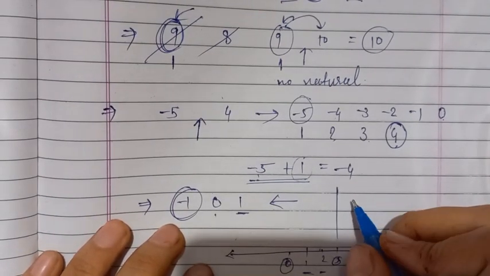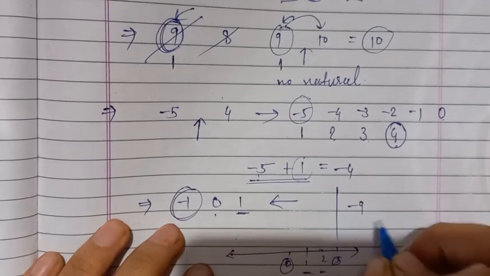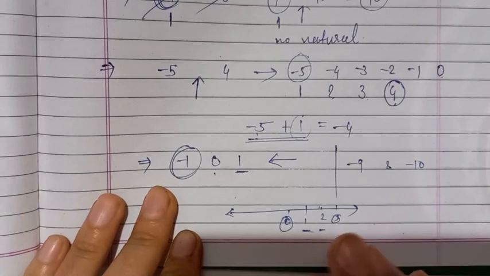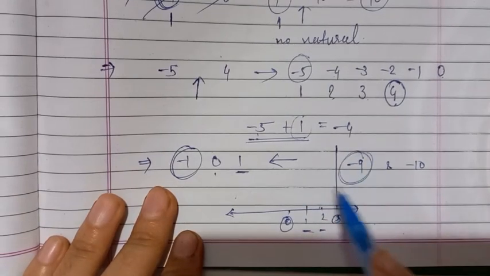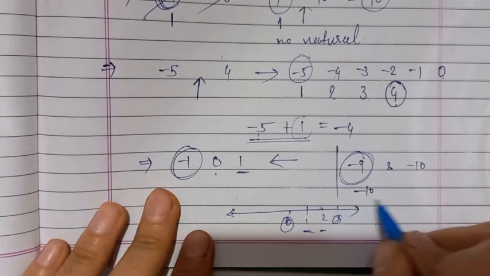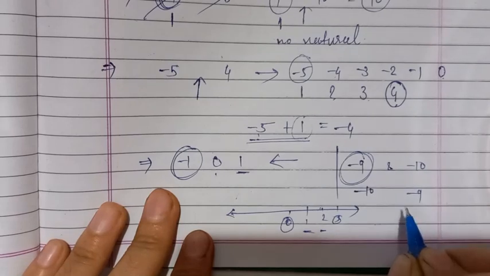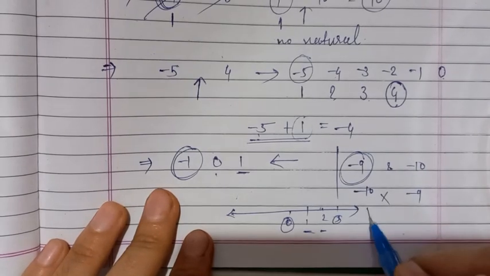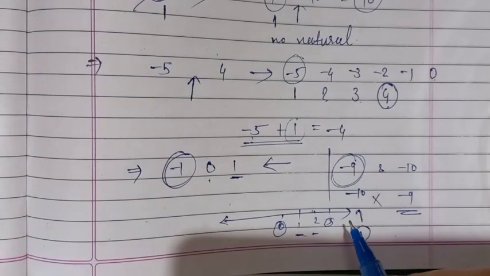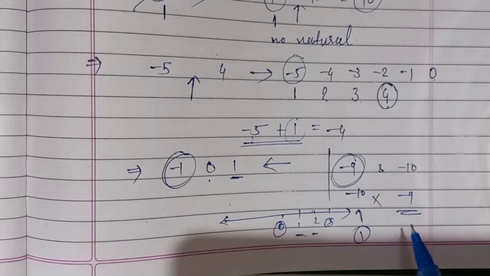How many integers are between -10 and -9? No integers, because if we add 1 to -10, we get -9. So there is no integer between -10 and -9.